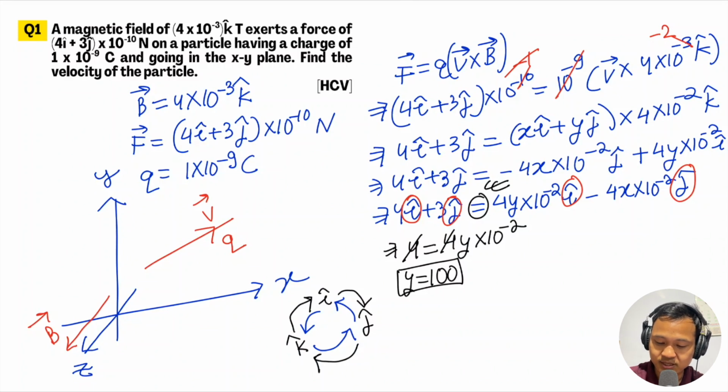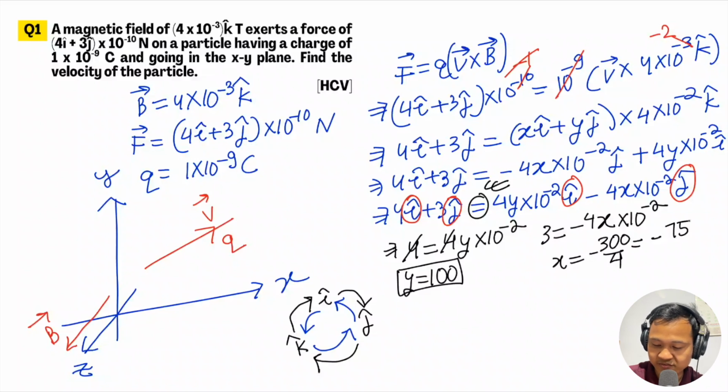Okay, next comparing x to x. So 3 is equal to minus 4x into 10 power minus 2. So x will be minus 300 by 4, which is minus 75.